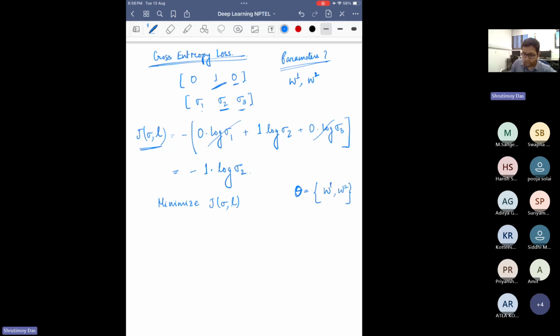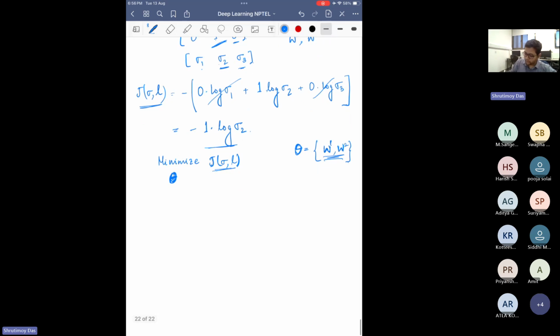I want to learn this W1 and W2 such that J of sigma and L decreases. We want to minimize this. So I say minimize J over theta. If you solve this problem, you will learn some W1 and W2, and this J loss will be minimized.